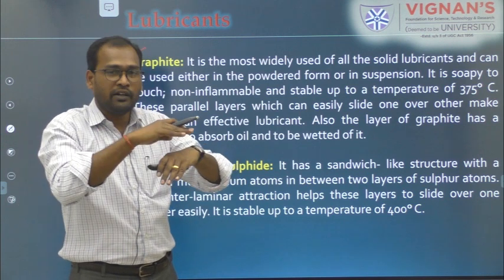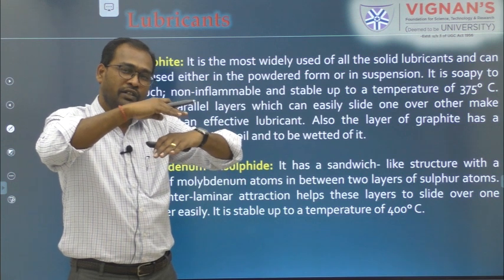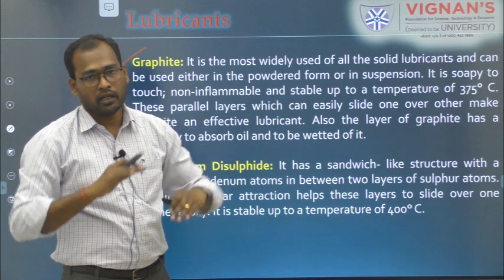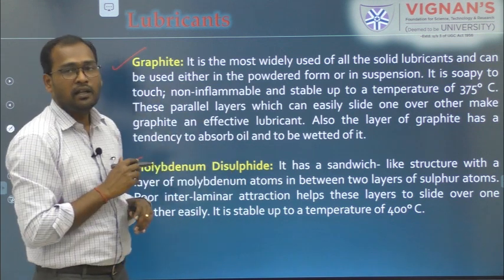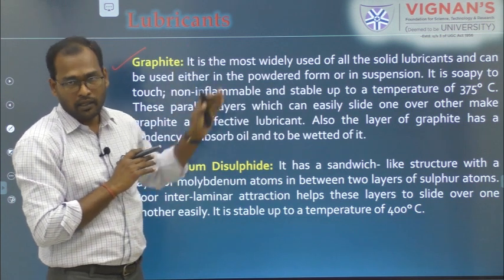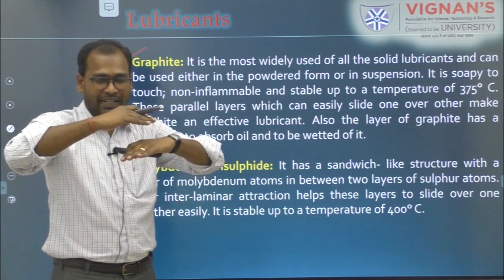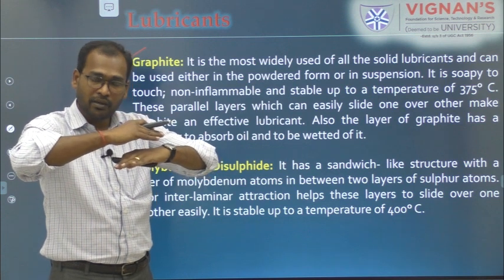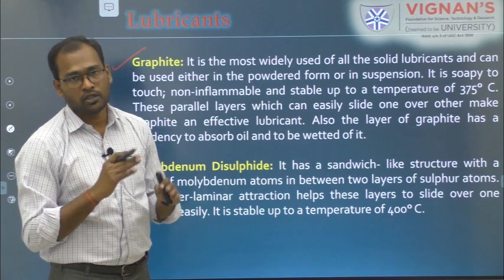This slight force which can break the van der Waals force between the two graphene sheets can be used as a lubricating property, right. So that's why graphite is used as a solid lubricant, where the van der Waals force between the graphene sheets can be easily broken and easily reformed, right. Because of this property, graphite has been used as a solid lubricant.